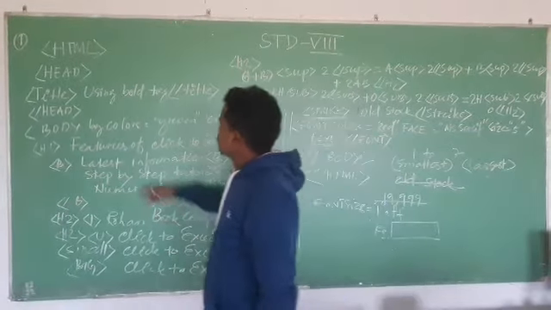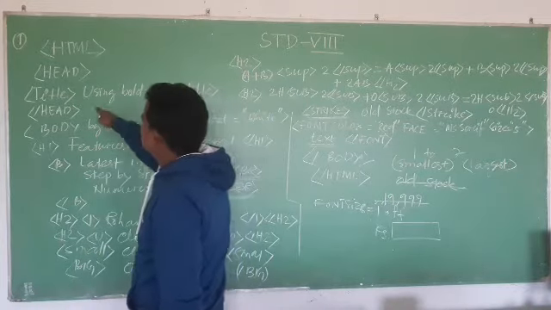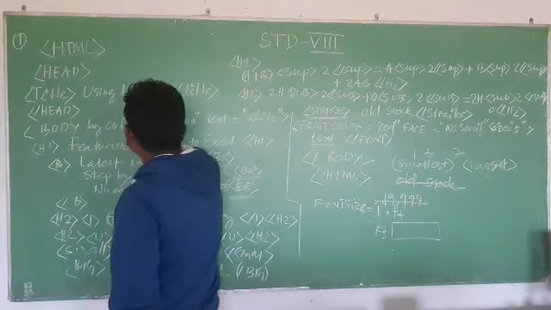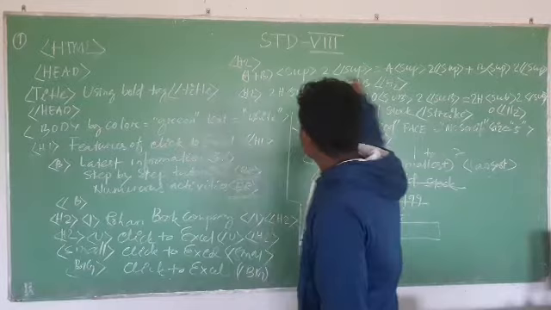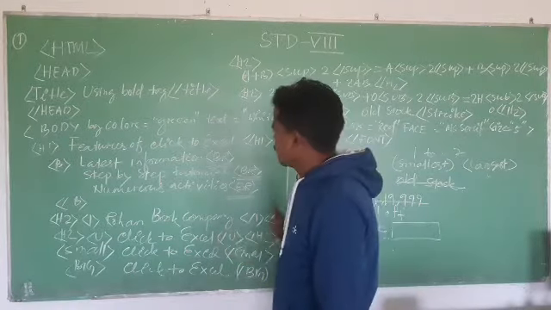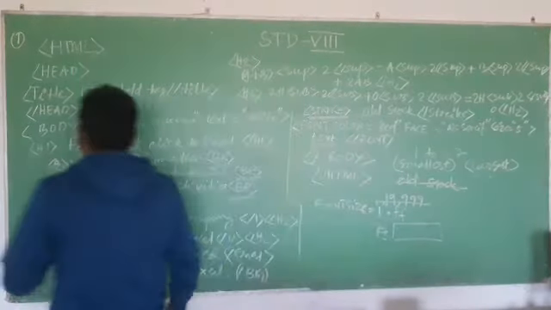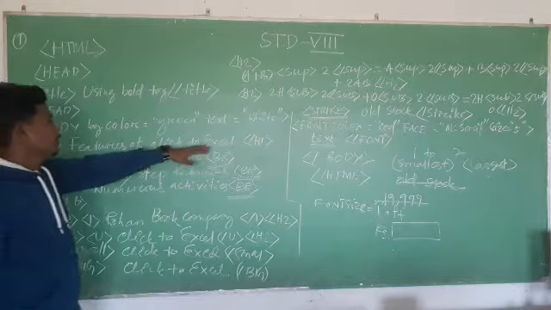Suppose the title uses the bold tag. In the head, this is the title, and then the body background color is green, and the text will be displayed in white on the page when you browse through Internet Explorer. Next, H1, features of Click to Excel.